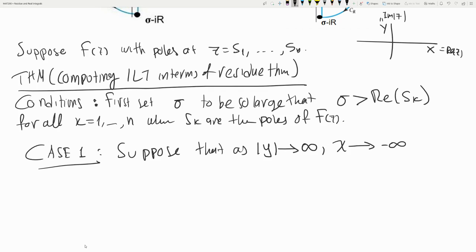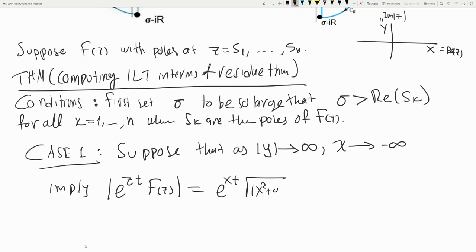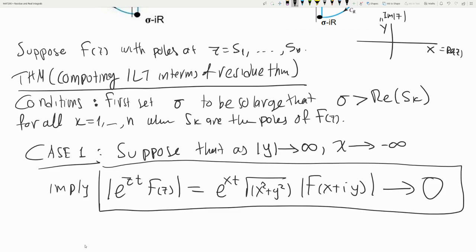Suppose that when they go to infinity, you have the following limit going to 0: if you take the complex modulus, what you get in terms of x and y, e to the t x, times f of x plus iy, goes to 0. That's case 1.